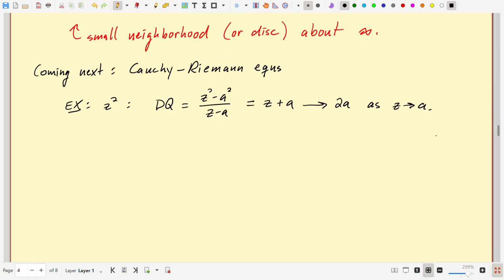When you think about it, that difference quotient tends to 2a no matter how you come at it, and I would get estimates that work from any conceivable direction.